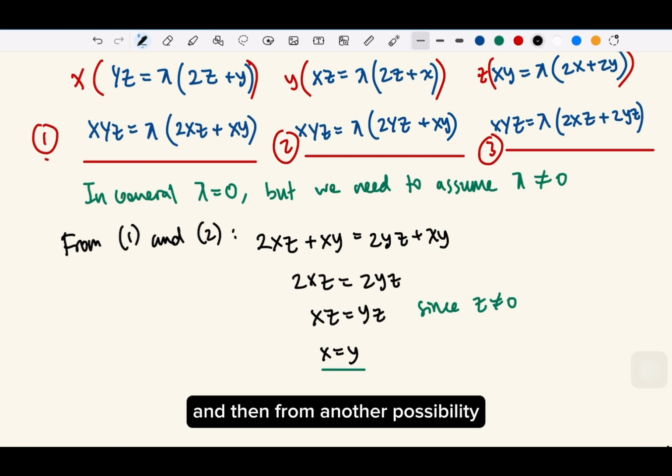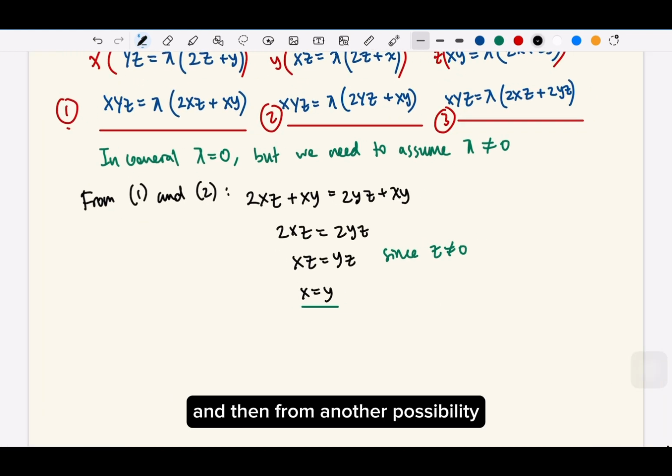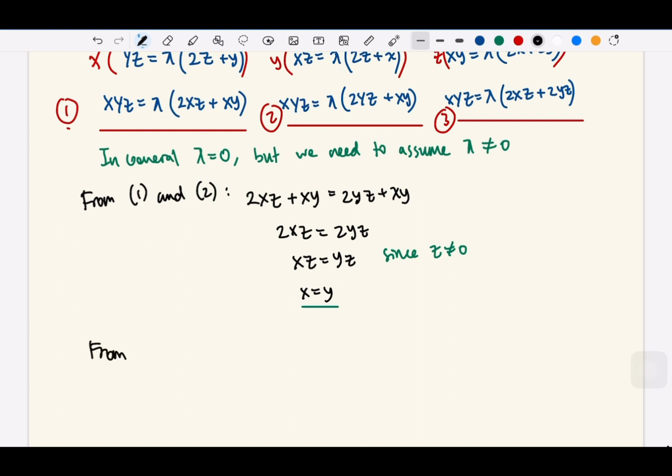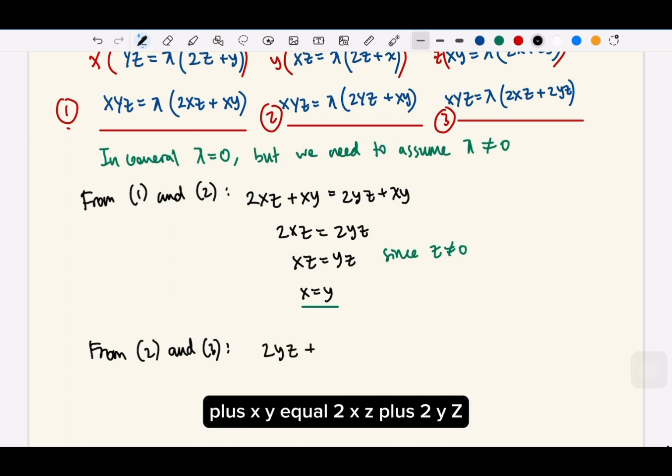And then from another possibility, from 2 and 3, we can have 2yz plus xy equal to xz plus 2yz.